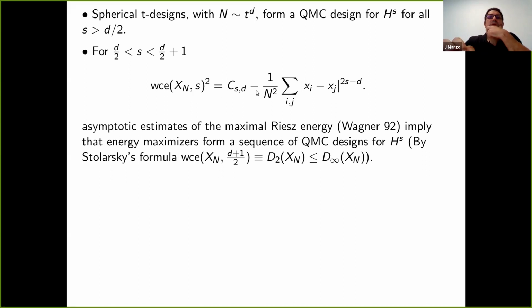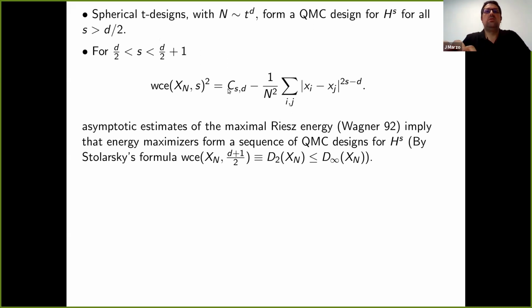And once you have this, using estimates of the Riesz energy, results from Wagner, you can prove that the energy minimizers, or rather energy maximizers in this case, because I have a minus here, so I want to minimize this worst case error, I have to maximize this quantity. So this exponent is positive. These energy maximizers form a quasi-Monte Carlo design in this range. Okay, and in fact this is optimal. So the strength is d/2 plus 1.